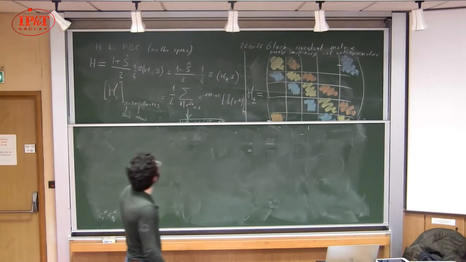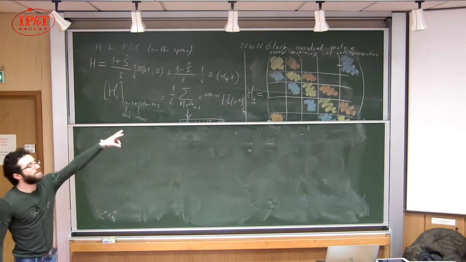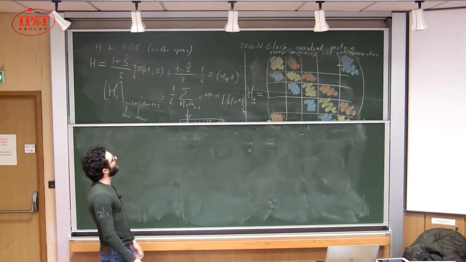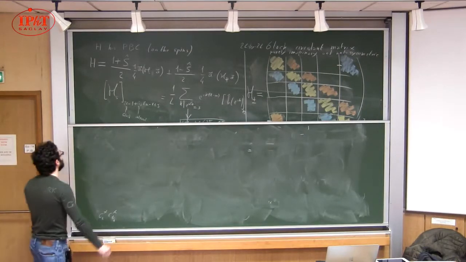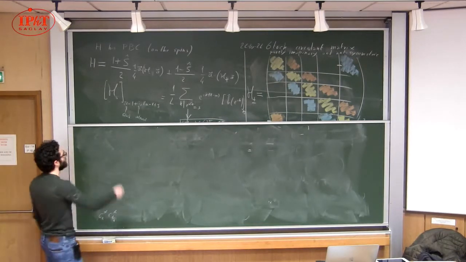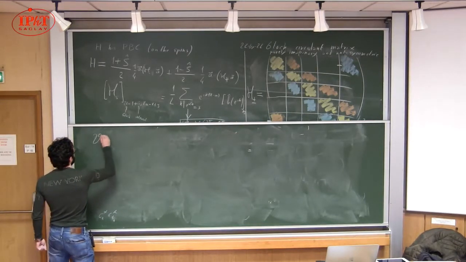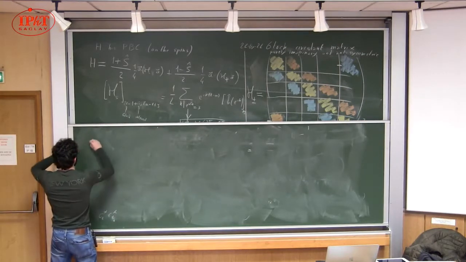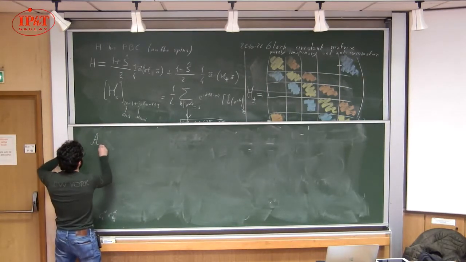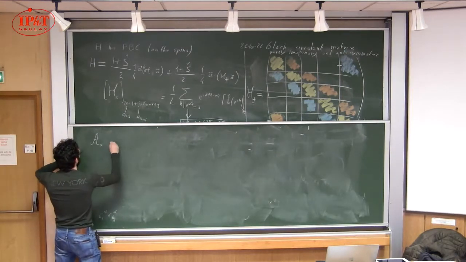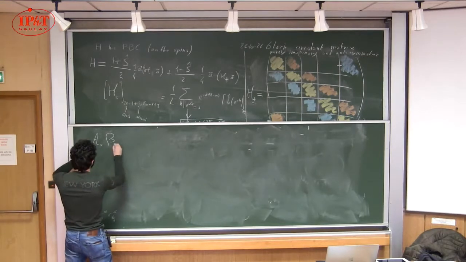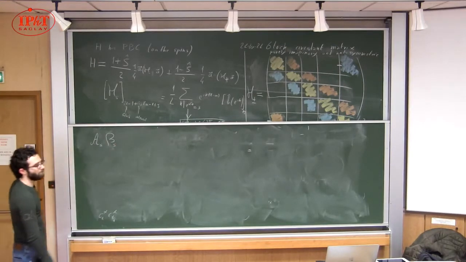I will tell you some properties of block circulant matrices of this sort. And one property is that when you multiply 2 block circulant matrices, so let's assume that you have 2 matrices, one is A_S, and then you multiply by B_S.